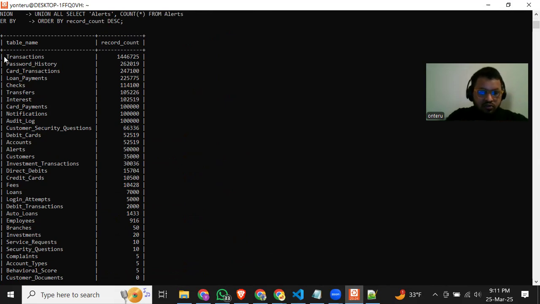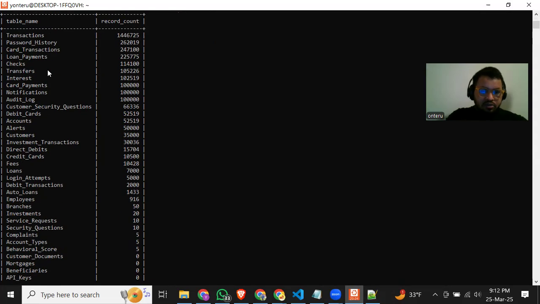Transactions is one of the main tables, already holding nearly 14 to 15 lakh records, and password history is the same. Card transactions, loan payments, checks, transfers, interest, card payments and notifications: all the tables are holding an abundance of data.